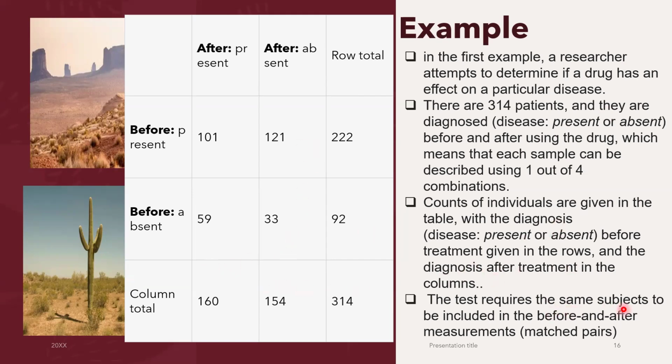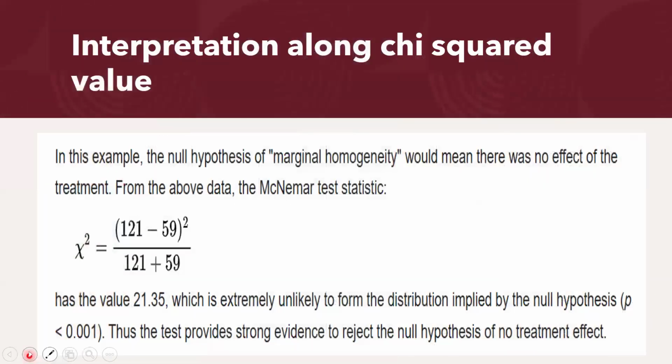So, the test requires the same subjects to be included in the before and after measurements, which are the matched pairs. So, this is another example. Interpretation along with the chi-squared value. In this example, the null hypothesis of marginal homogeneity would mean that there was no effect of the treatment.